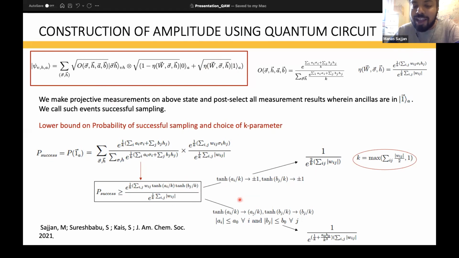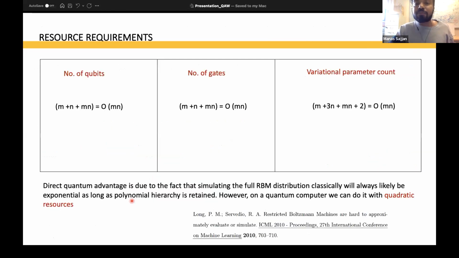And we can attain several limiting cases depending on the relative values of the parameters. The K, or the effective temperature, is used to actually make this particular lower bound greater than a certain number. So we choose K so as to boost up the probability of success beyond a certain number.